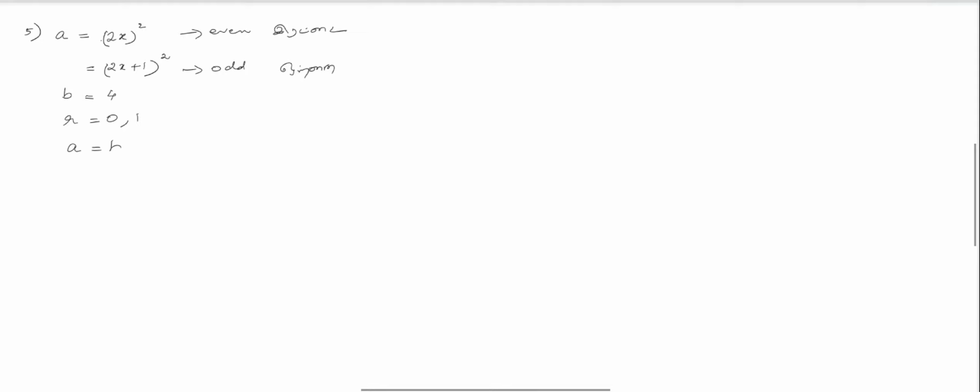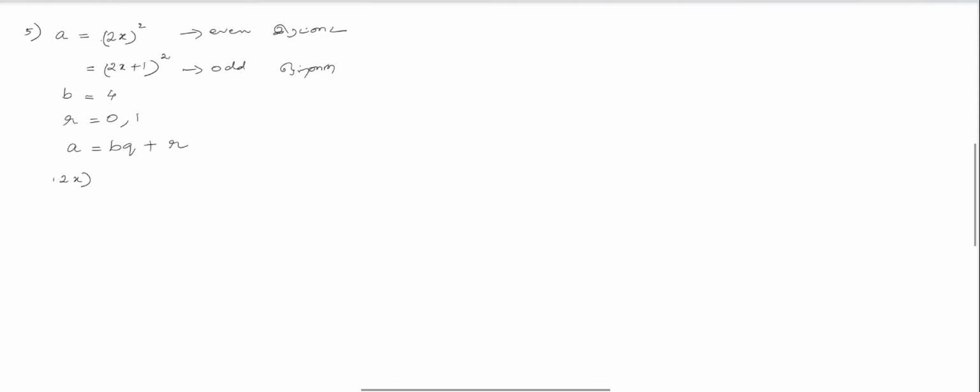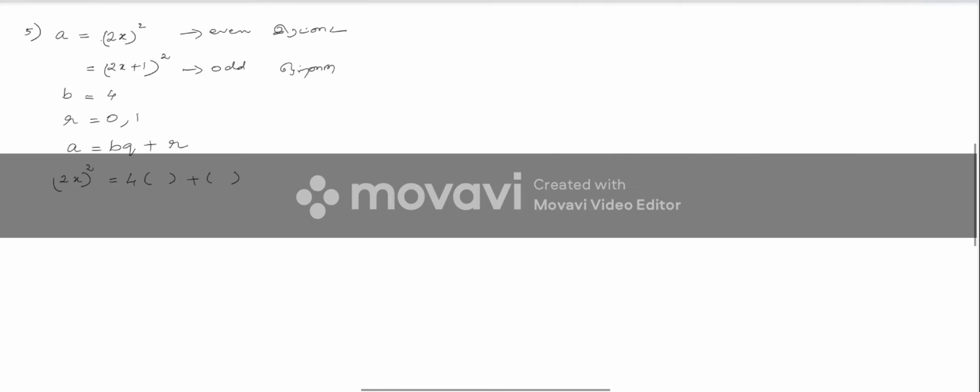A is equal to BQ plus R. And now you take your A as 2x the whole square, which is equal to 4 into quotient plus remainder, right? And now what is 2x the whole square? It is 4x square, isn't it?